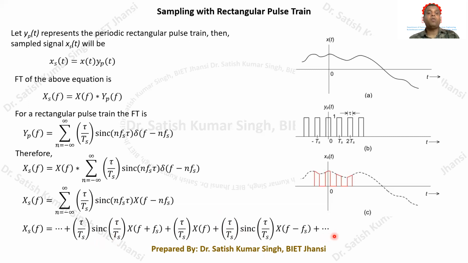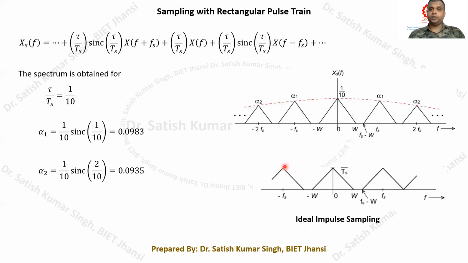Now try to plot this particular spectrum when we have a rectangular pulse train. I'm just trying to obtain the spectrum for tau upon Ts equals 1 upon 10.